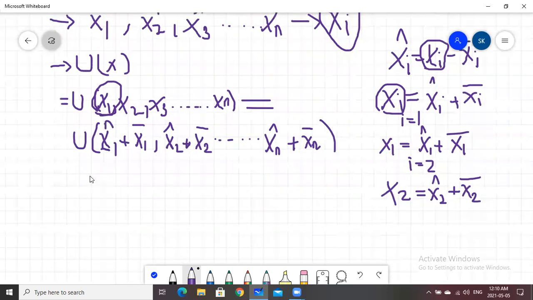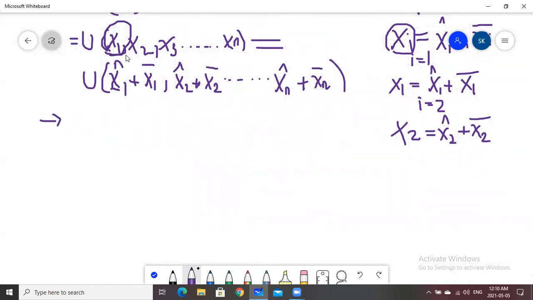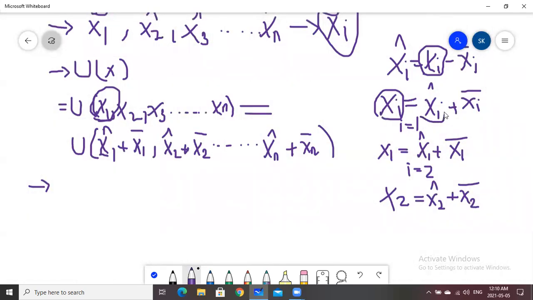Clear? The initial endowments are constant; we know this very well through the assumption. Therefore, the value of u, or the utility, will vary only if xi hat varies. Utility will change only if xi hat changes.